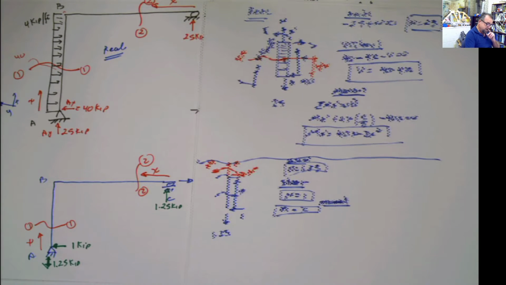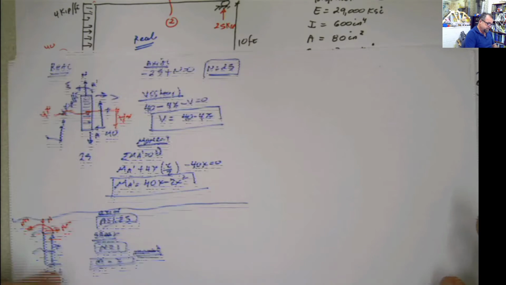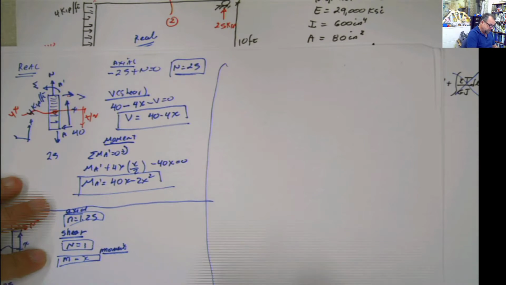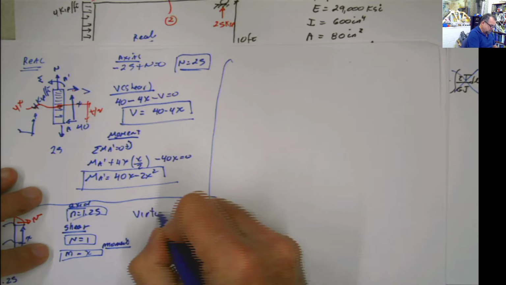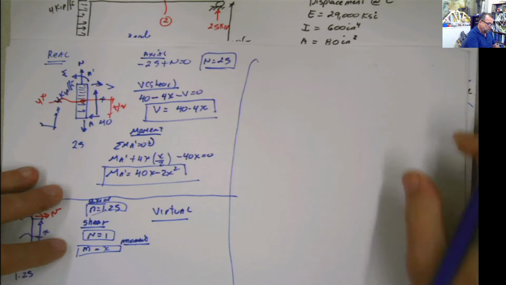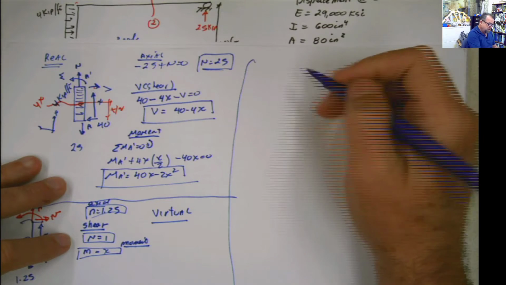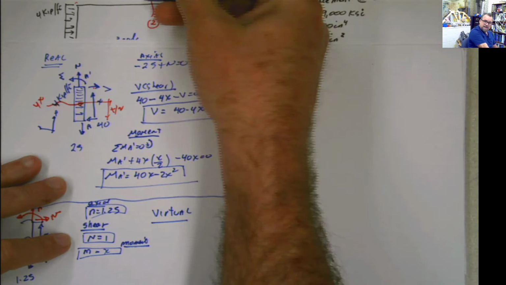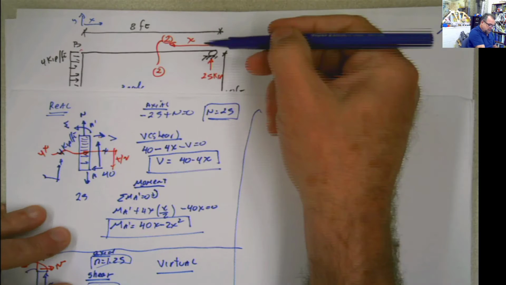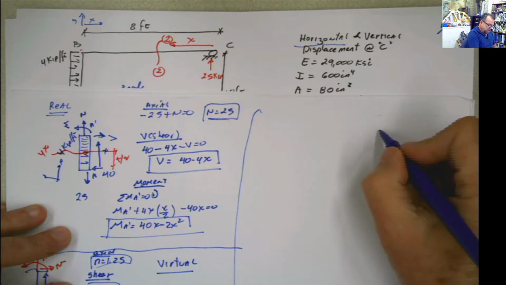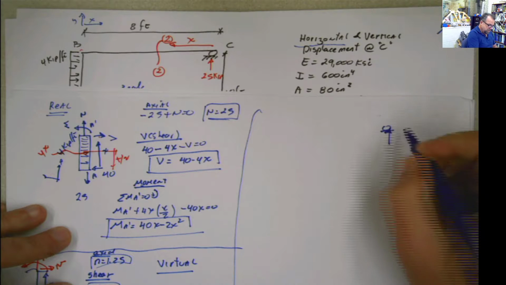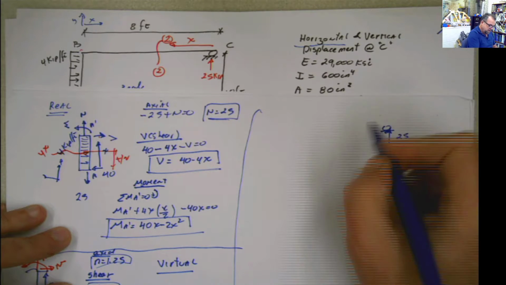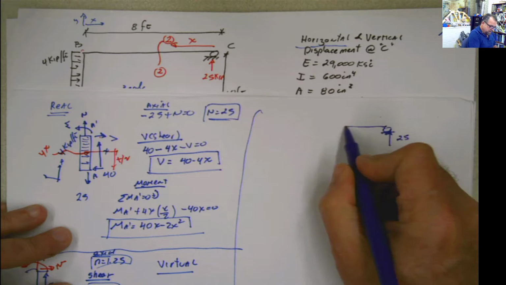Now we're going to repeat the same thing for the other member. Now let's work with this member now. I'm going to measure it in this direction. So basically what you have, this is your roller, and this is the force of 25 kip, and this is the member.